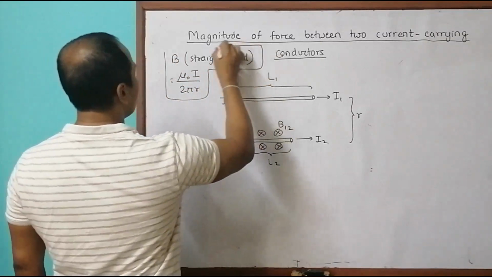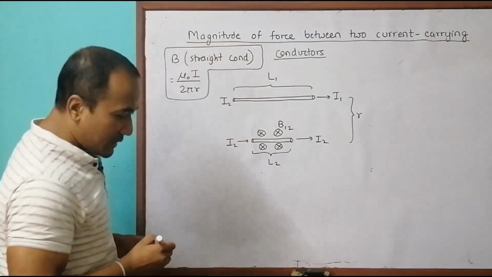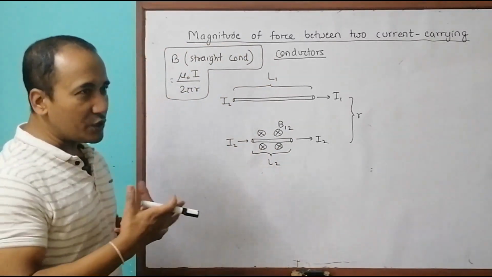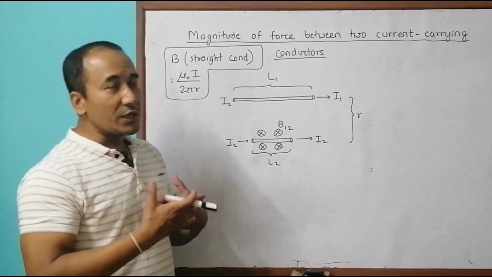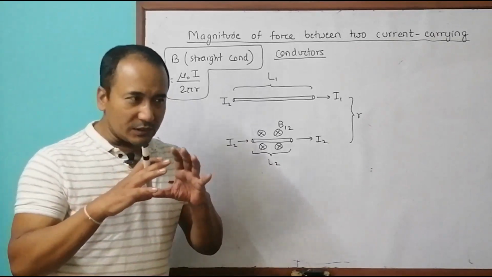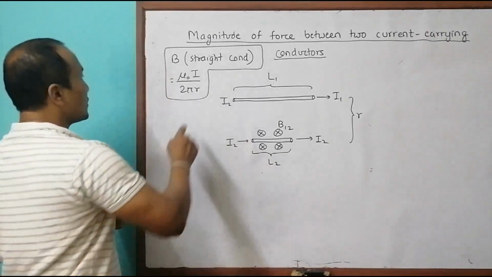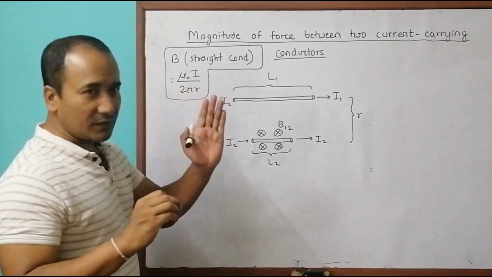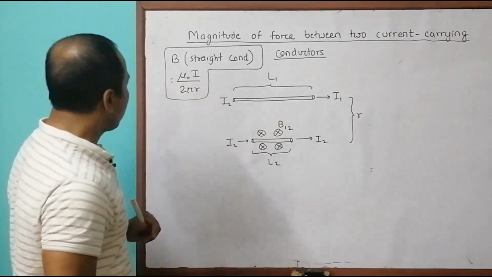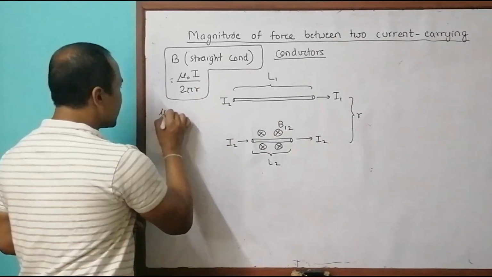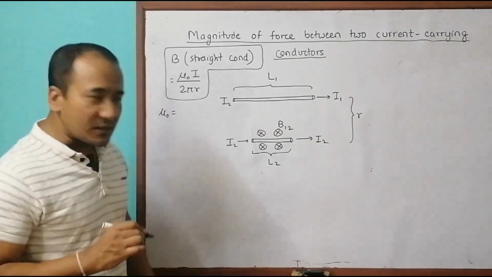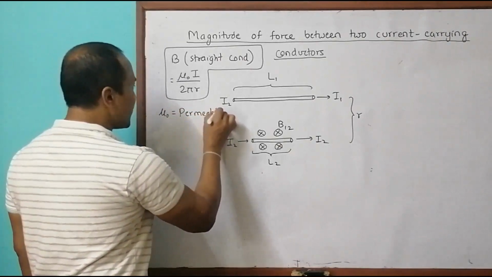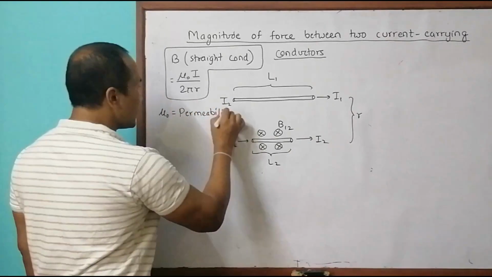It is compulsory in different boards, but in our case we just have to know this formula, and we would not need to know how it has come. It comes with some integrations. Here I is the current flowing in the conductor, and r is the distance of that point from the conductor where we are considering the magnetic field. This mu naught is a universal constant called the permeability of free space.